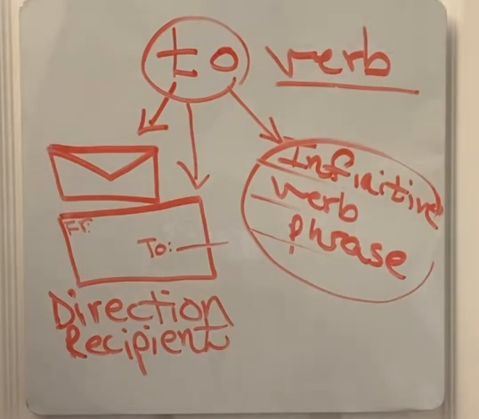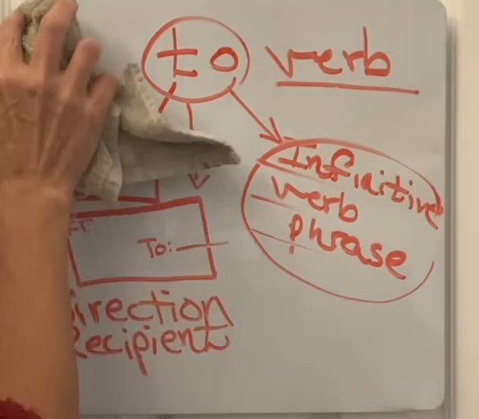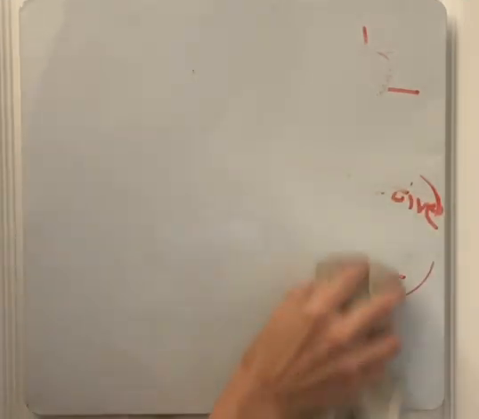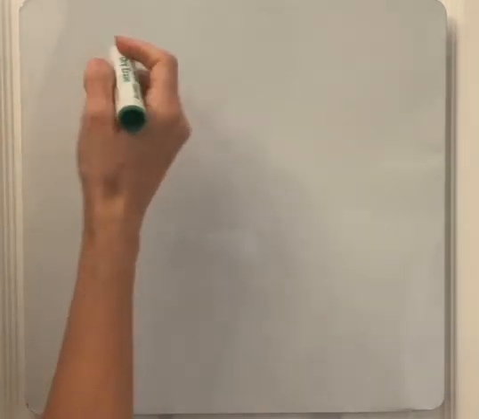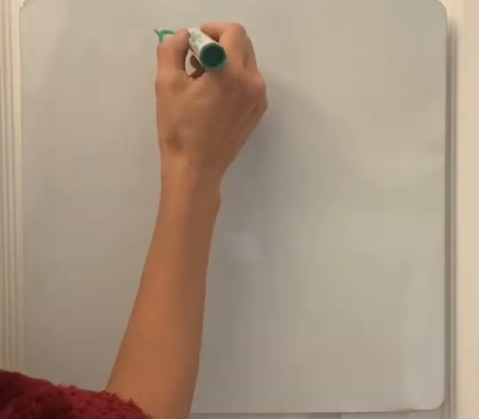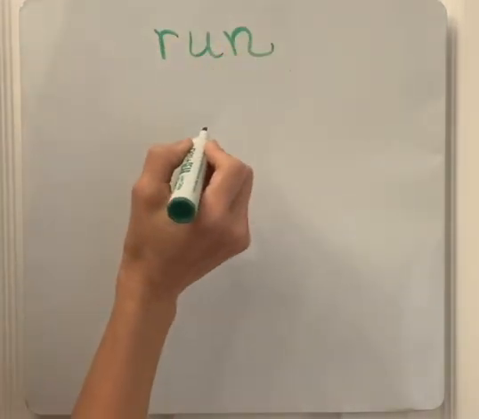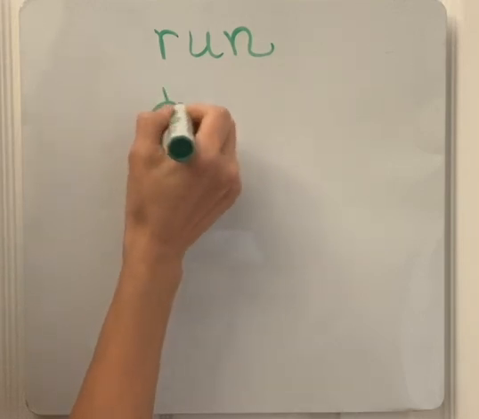Let's erase this so that we don't have too much going on the board. So let us use 3 examples of verbs. Let's see, run. Let's use dance.